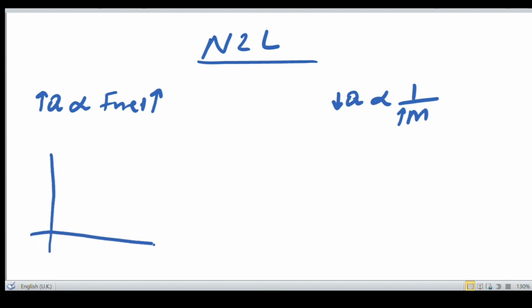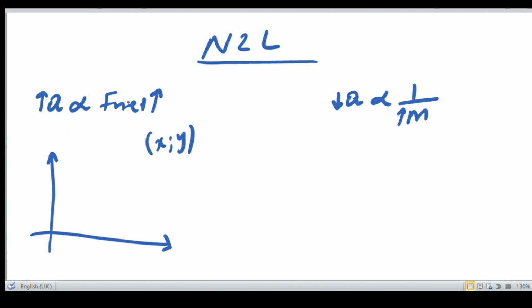So many graphs. When the net force increases, net force is your x. Remember, we have x and y as coordinates. So when the net force increases, the acceleration increases.